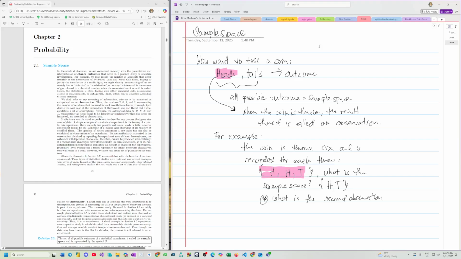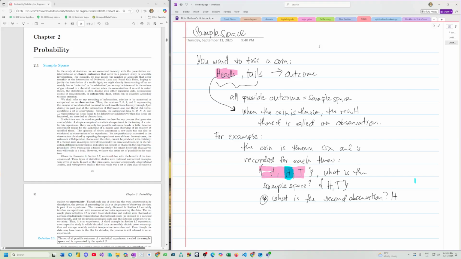We're referring to the second observation, which is heads. So when we say observation, we are referring to the particular result inside the whole experiment.